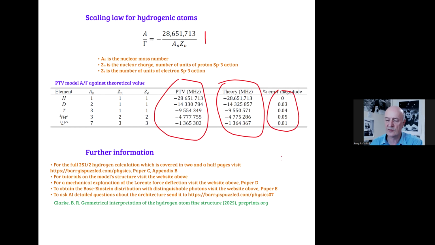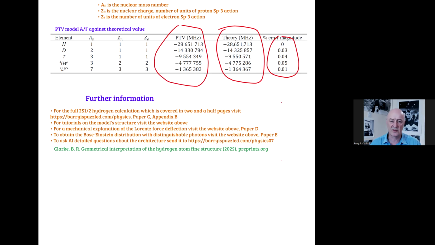If you'd like some further information on this PTV model, you can visit barrierspuzzle.com/physics, where you'll find a Python program which contains the complete calculations, which you can check at your leisure. The data output is available there.